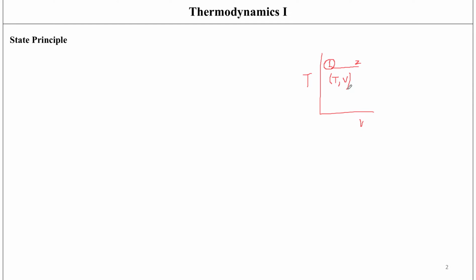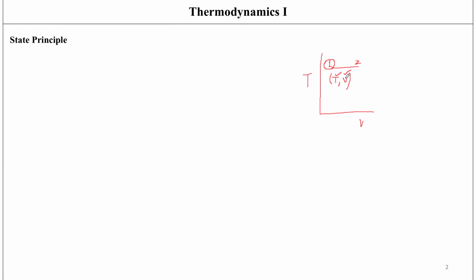And then we need to find out the number of properties that we can select as independent properties. Because if we find out the independent properties based on which this state can be defined, then for this same state, we can find out other properties based on these two properties. So for example, if this system has these two properties as independent properties, temperature and specific volume, okay?